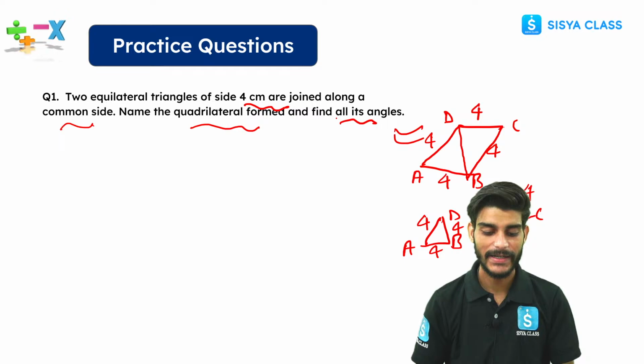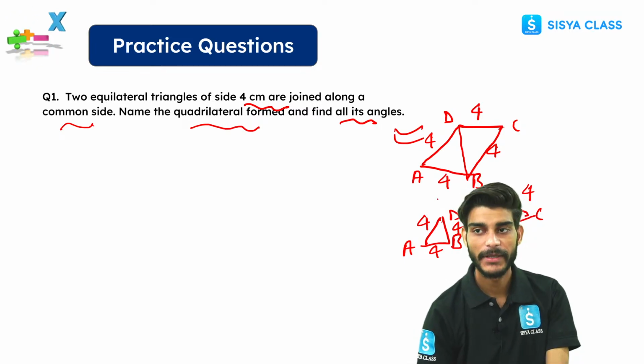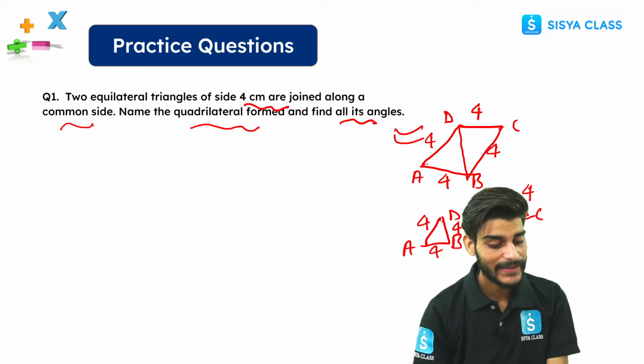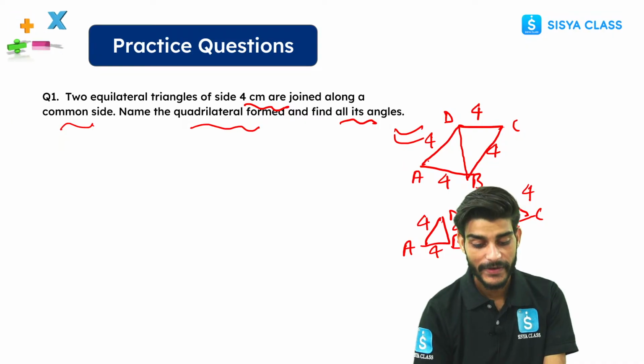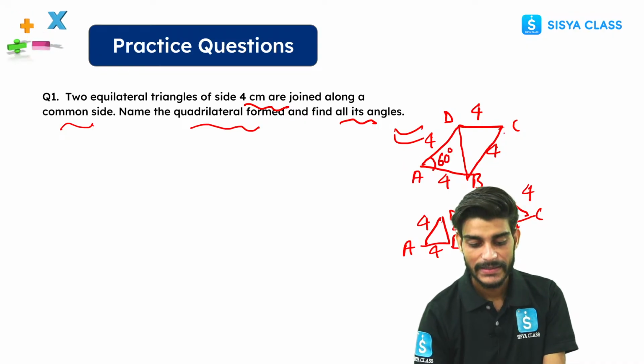Can you tell me the quadrilateral here? What kind of quadrilateral is it forming? So in an equilateral triangle, what are the measurements of the angles? Obviously it is 60 degrees. So this angle is 60 degrees. This angle will also be 60 degrees.